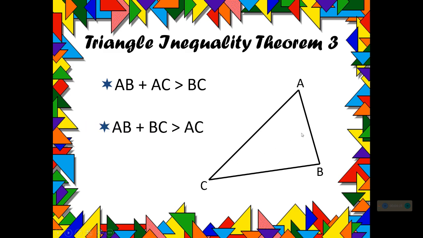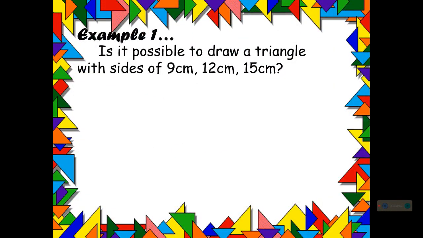Then we may also have that the measure of AB plus the measure of BC is greater than AC, and the measure of AC plus the measure of BC is greater than AB. So that's all about the triangle inequality theorem 3. Again, the sum of the two sides is always greater than the third side.